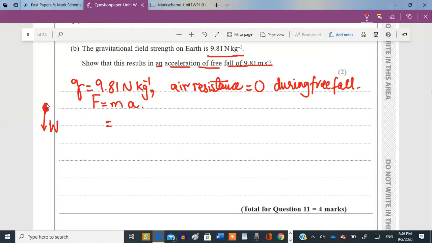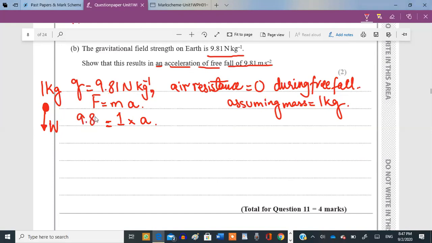Assuming that the mass of the object is 1 kg, we need the value of acceleration, and the force, or the weight, that acts upon that object is 9.81.